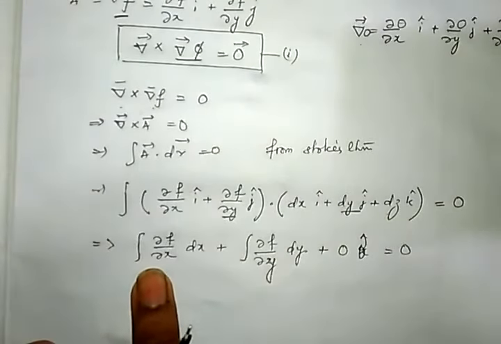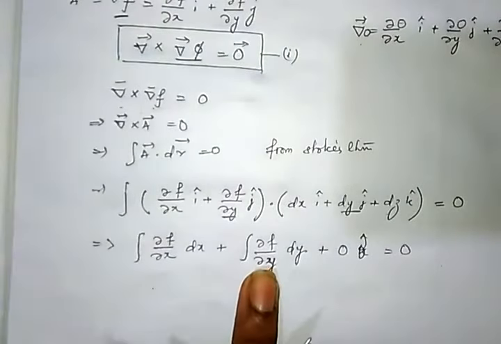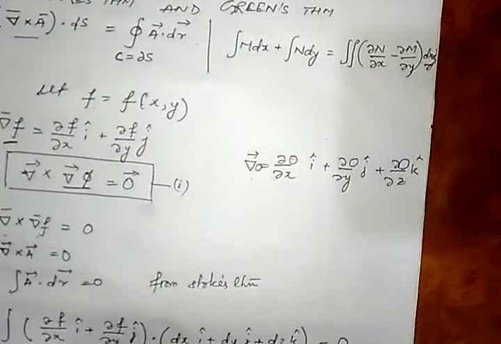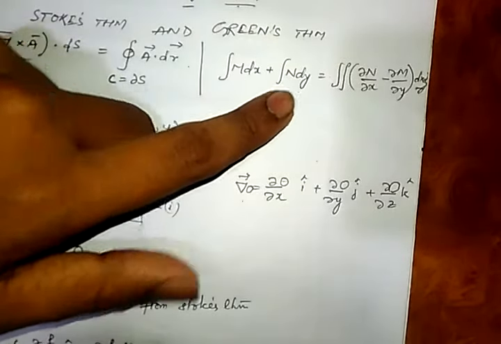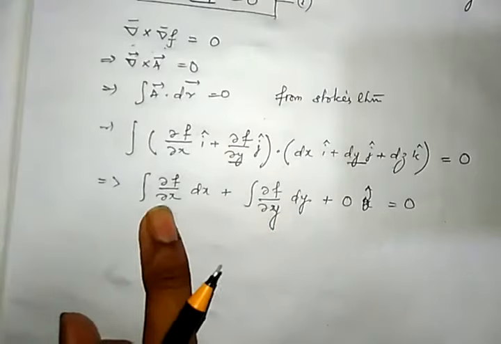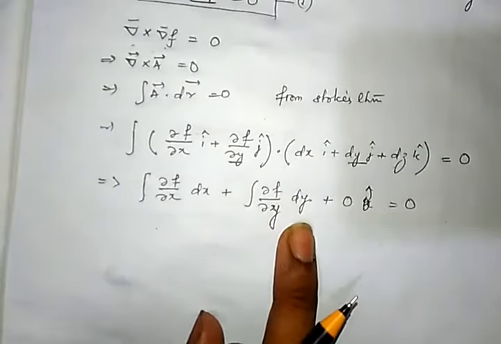Now this looks like the LHS of Green's theorem. Green's theorem is here, if you can see, which is integral M dx plus N dy, and here we have integral some function dx plus integral some function dy.